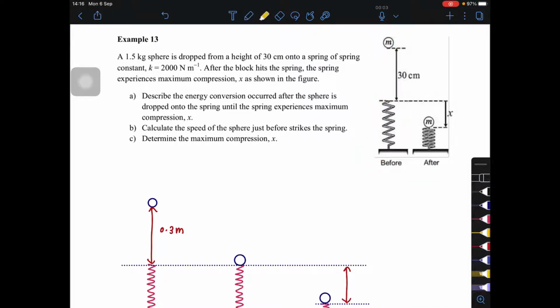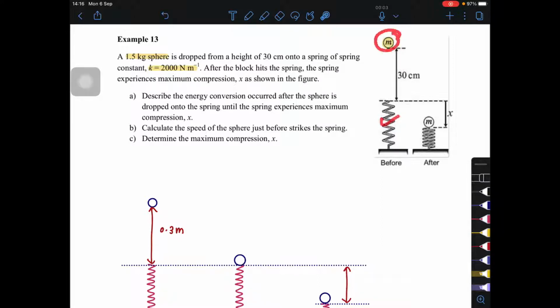Okay, so first step, as what we usually do, we always define the system, meaning that we identify what are the objects involved. So we have a sphere with the mass of 1.5 kg, and then we have a spring here. Obviously kalau ada spring akan ada elastic potential energy.